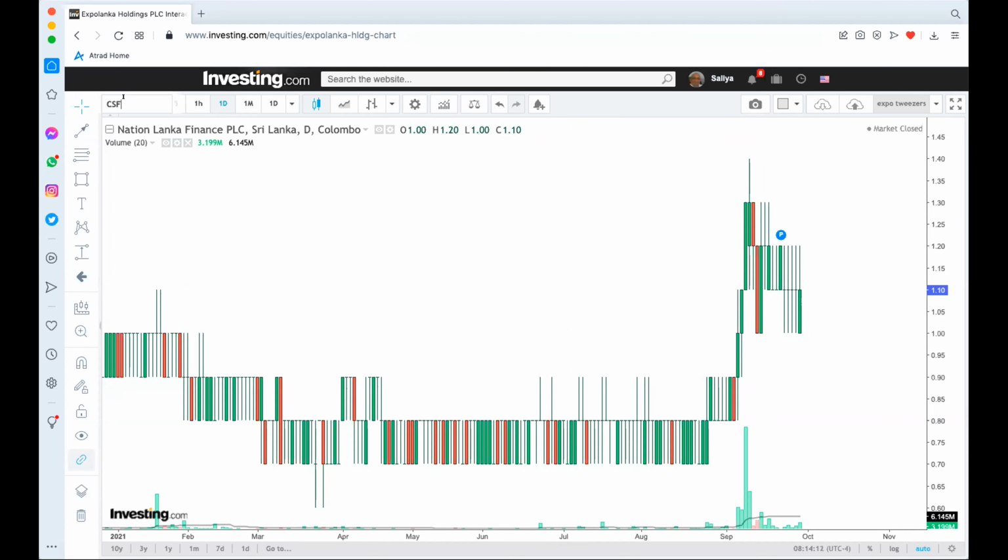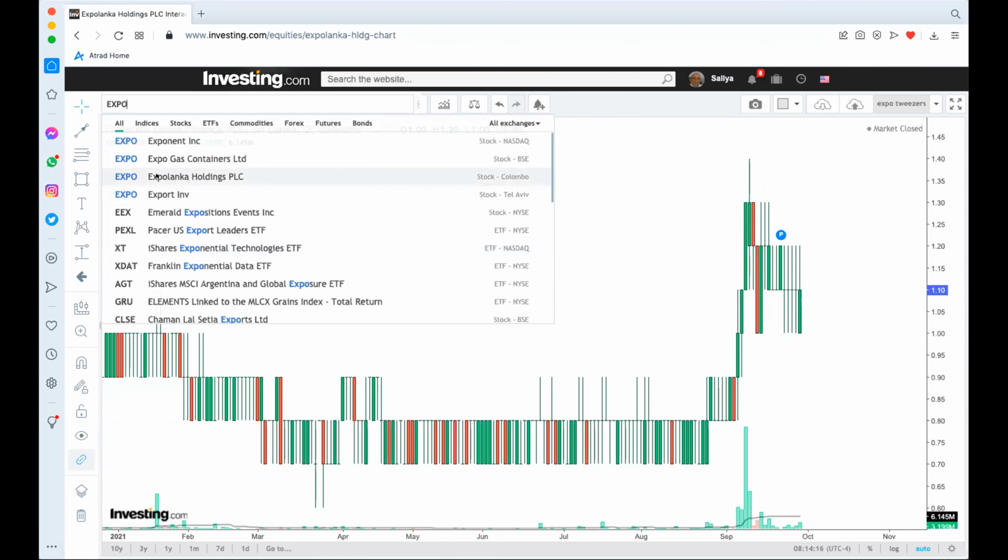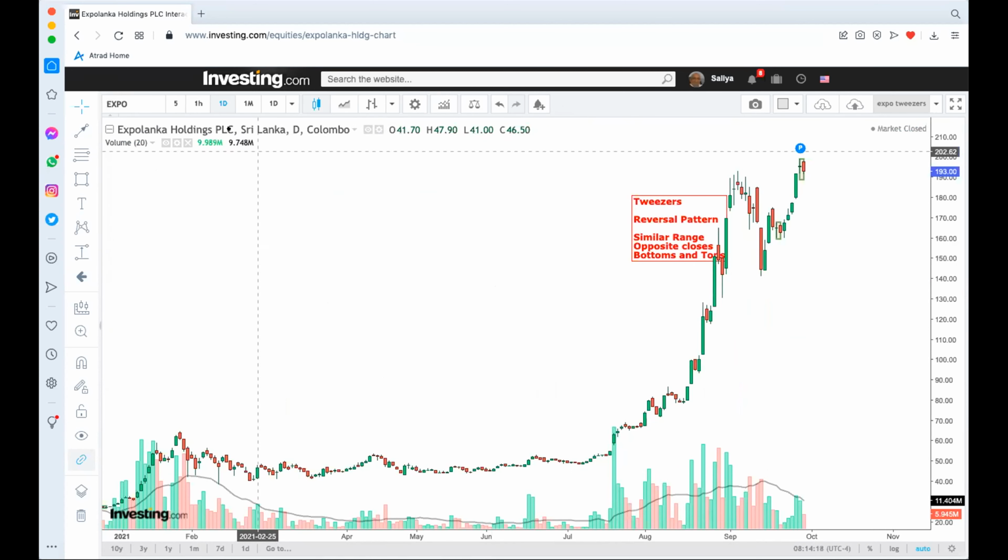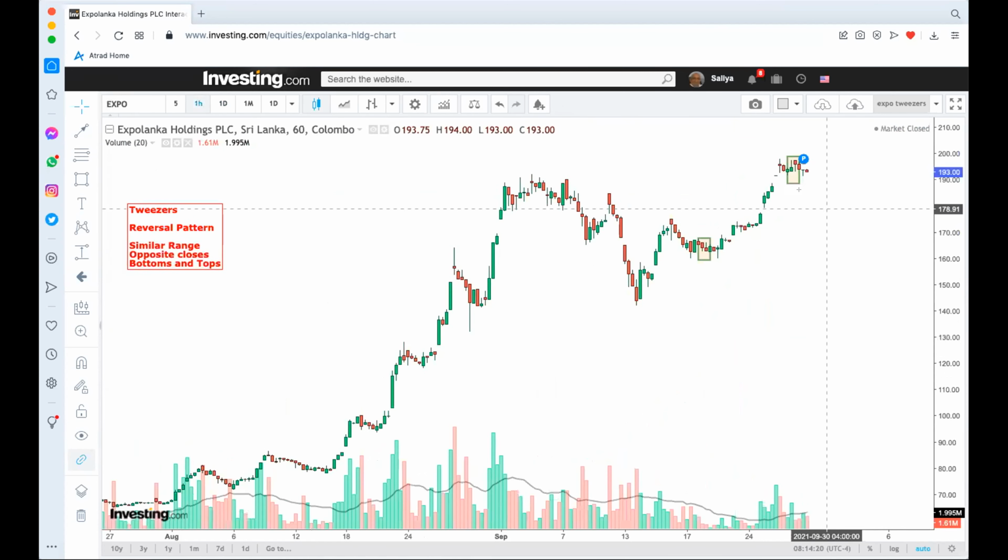But as I showed in the previous example, the case of Expo Lanka, you have a similar range here, but you can see that when the prices are going up, it ends with a bullish close at a range, and the following candle ends in the same range with a bearish close.